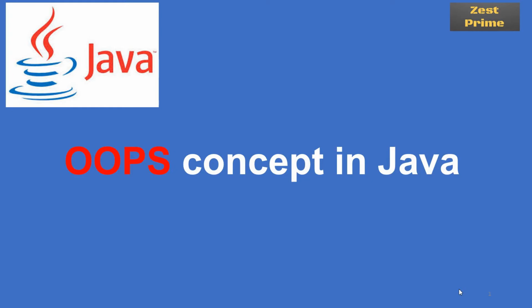Another point is security. Security is better, because, like I said in the first point, the data and the functions which act on them are bound together, which gives robust security. The final point is that it gives more productivity after applying all these OOPS concepts. Why? Like I said previously, maintenance is easy and a lot of code can be reused, so by considering these two points, the overall productivity of the developer will increase.